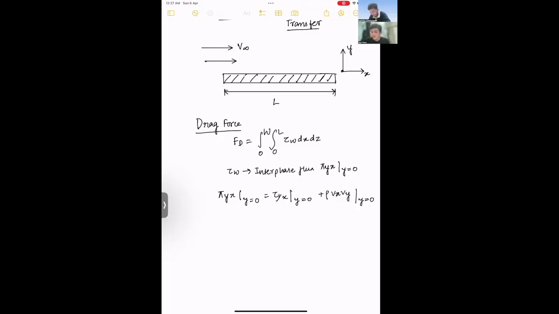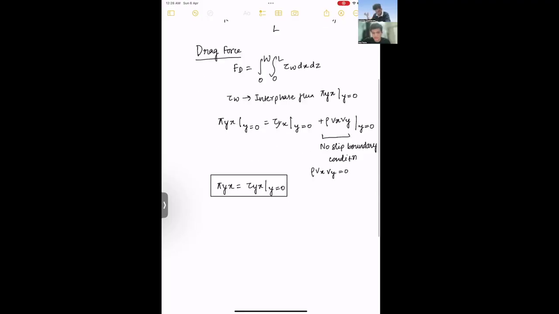In our case, we have a no slip boundary condition, due to which the relative velocity is zero and our convective flux will be zero. So hence we can equate pi yx equals tau yx, which is interface flux equals molecular flux in our case.